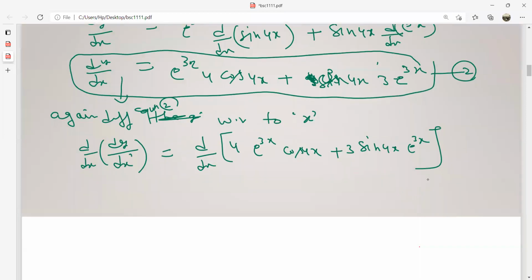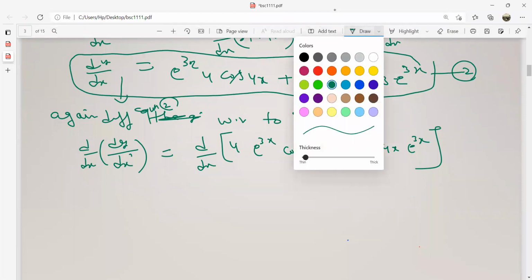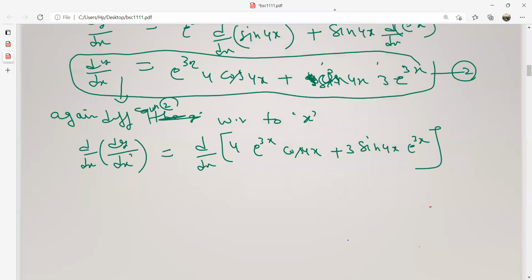So now again differentiate this function. Because here there are two functions, again we have to use the product rule.